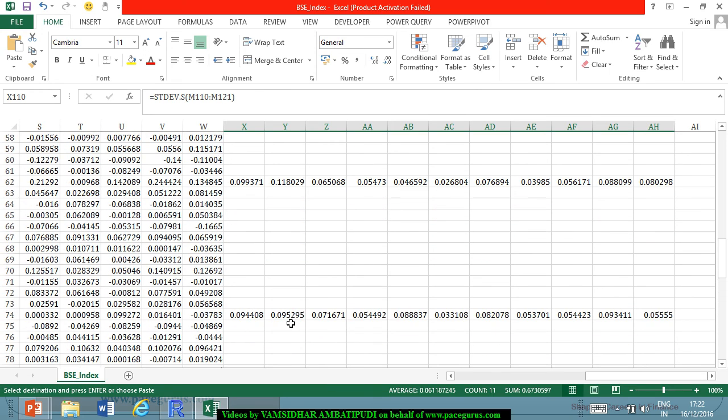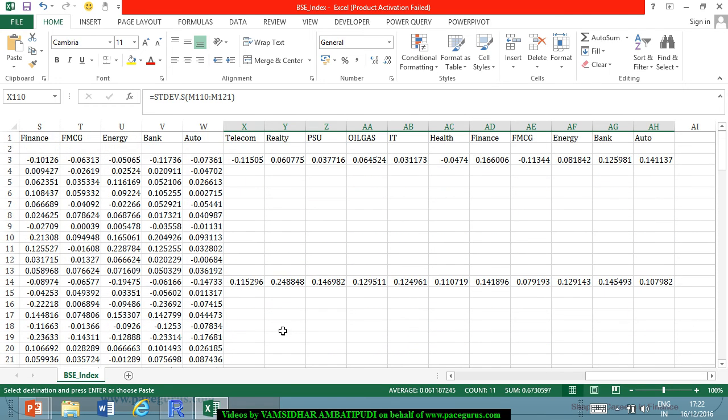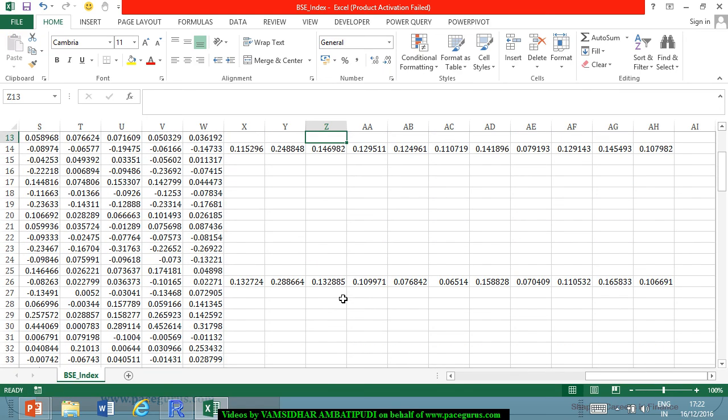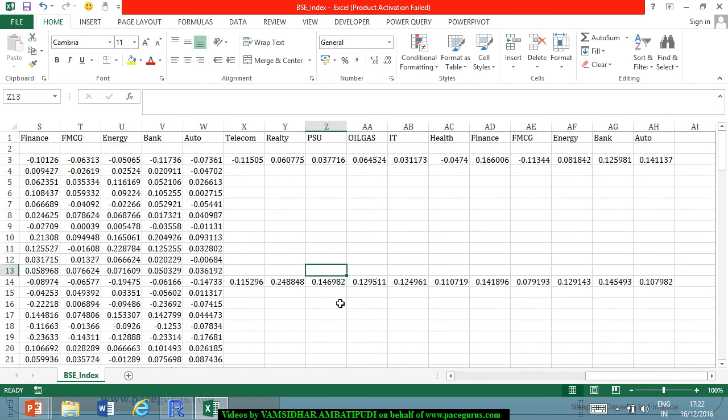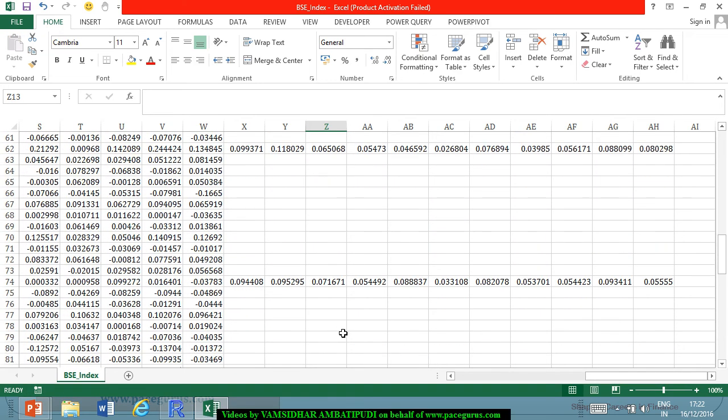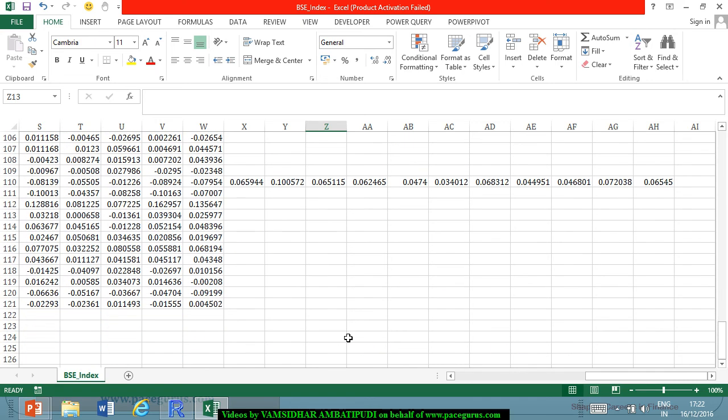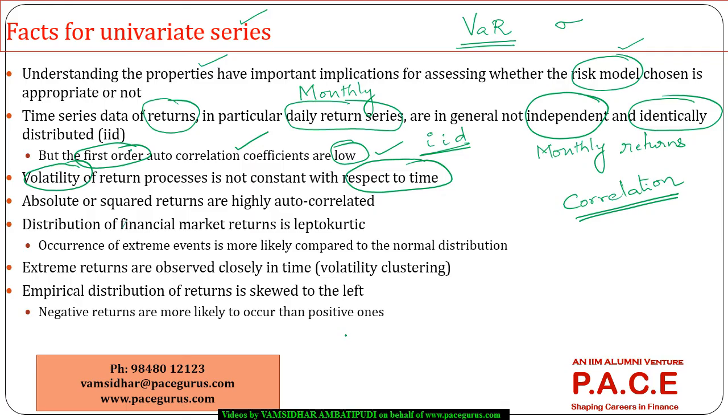So the volatilities are not uniform across. That is something that we have seen, though this is not a much better way of doing that task. I could clearly see that the volatilities are not uniform across the period. We see different layers of volatility across different periods. So the volatility of the returns is not constant with time for any of the sectors.